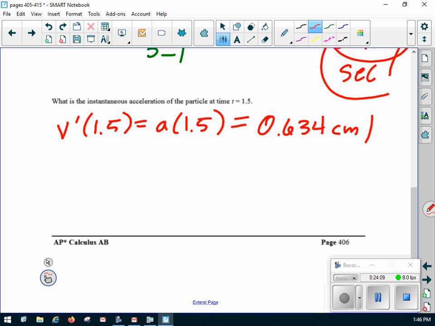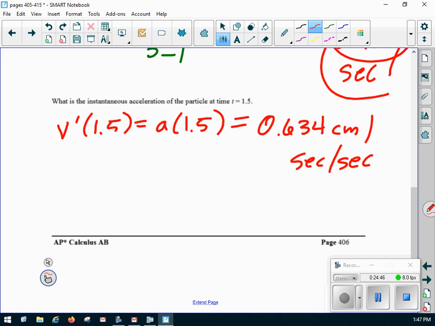Centimeters per second. So at that particular moment in time, the velocity is increasing by 0.634 centimeters per second. Velocity is in centimeters per second, right? So I can leave off a per second. The velocity is increasing at a rate of 0.634 centimeters per second.